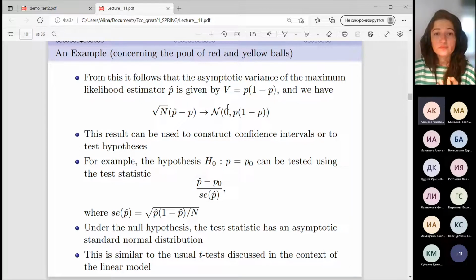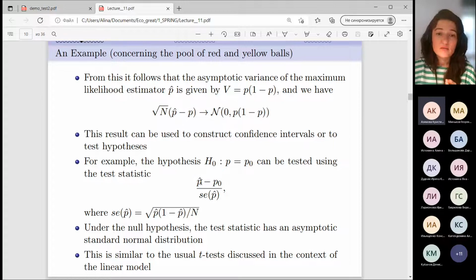Also, I hope this formula is known to you because you use the same formula when you want to test any hypothesis about your coefficients from the ordinary least squares.